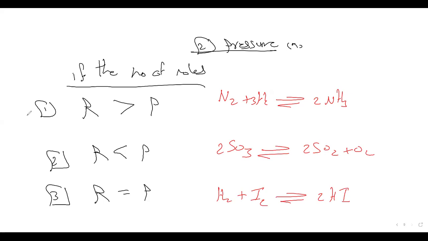The coefficients that we have: 4 and 2, 2 and 3, 2 and 2. In case the number of moles of reactants is greater than products, by increasing pressure, the reaction moves forward. So if we are increasing, it moves from 4 to 2.